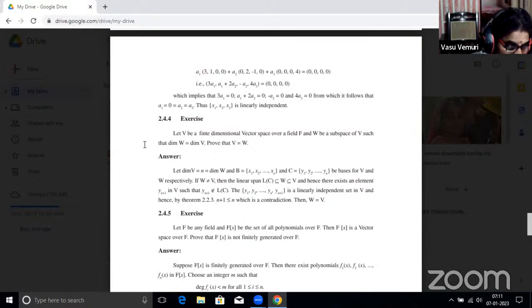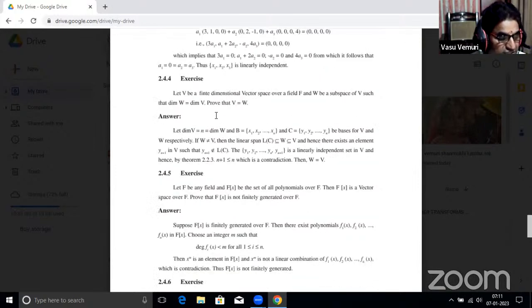The matrix is of order 3 by 4, but the fourth column exceeds the order, so one column is deleted and it becomes 3 by 3. The determinant is not equal to 0, therefore the rank of the matrix is 3. That is the simple one.